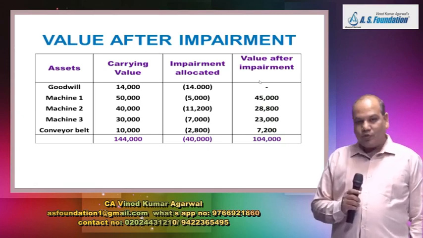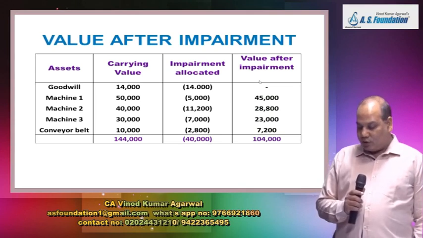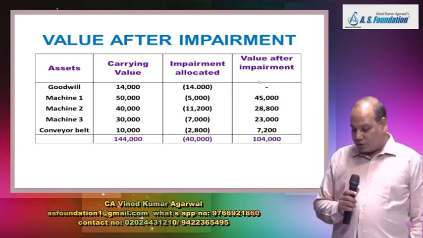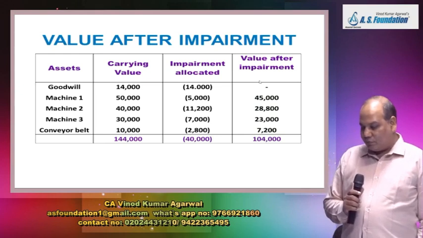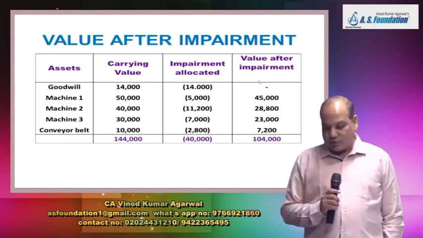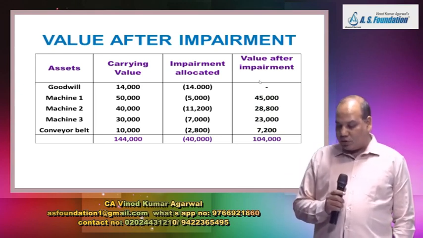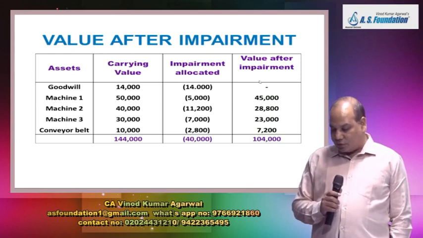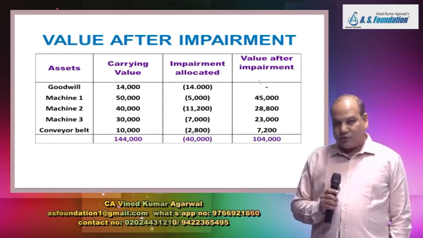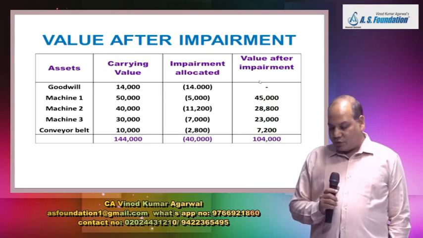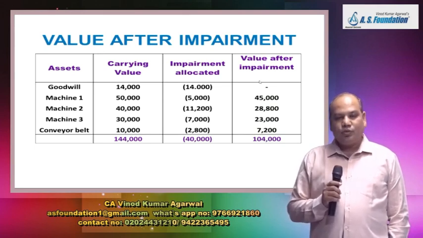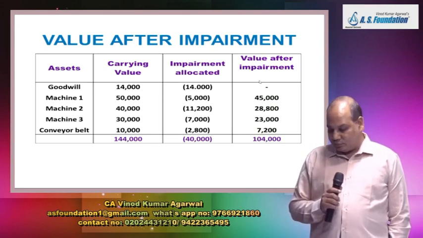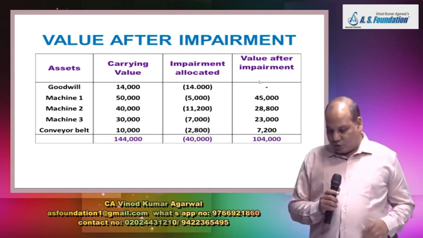Carrying amount before: 14,000, 50,000, 40,000, 30,000, 10,000. Total 1,44,000. Impairment loss allocated: 14,000, 5,000, 11,200, 7,000, 2,800.